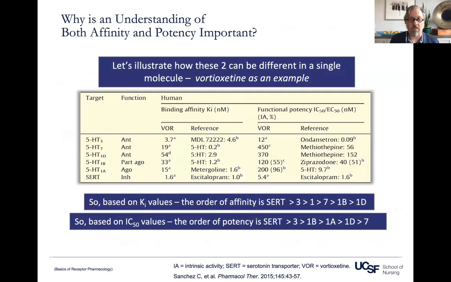Then moving to the right, we'll see what the drug, in this case vortioxetine or Trintellix, does at that receptor site, whether it's an antagonist, a partial agonist, or an inhibitor, which is what those abbreviations mean. Now, if we look at the Ki, which is the next column to the right, you can see what vortioxetine does at those different receptors.